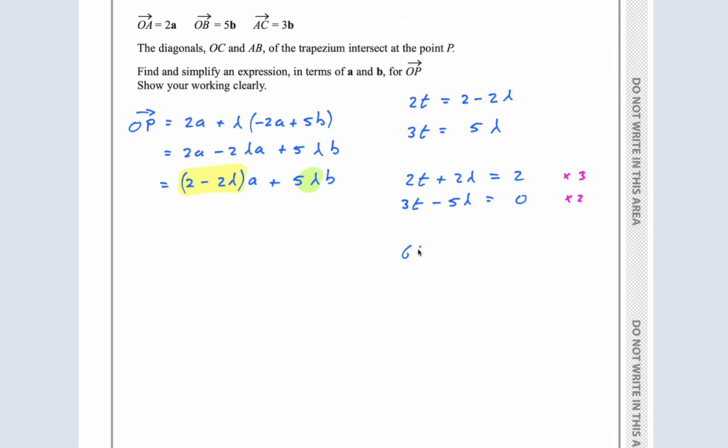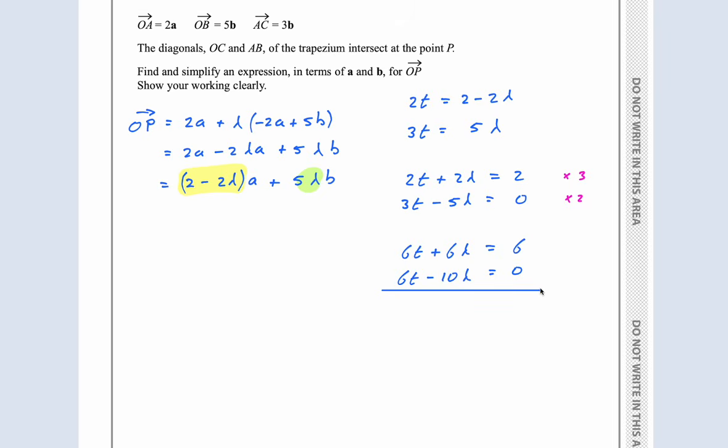So this becomes 6t plus 6 lambda equals 6. Or actually, guys, now that I see it, I could have divided everything by 2 here, and that would have helped me, but it doesn't matter. And the bottom one by 2 gives me 6t minus 10 lambda equals still 0.